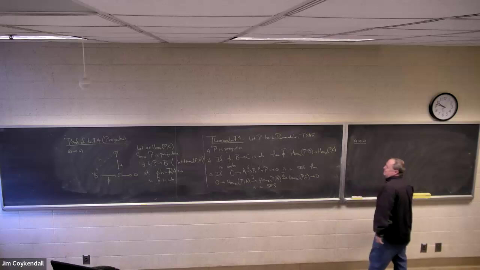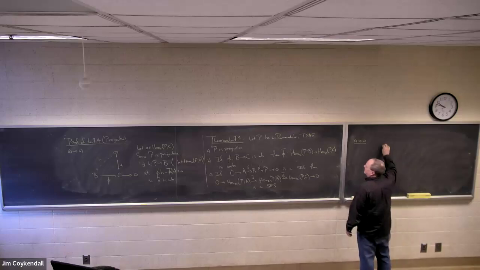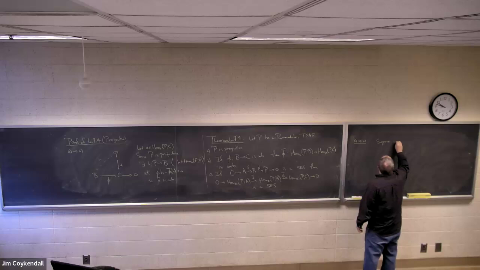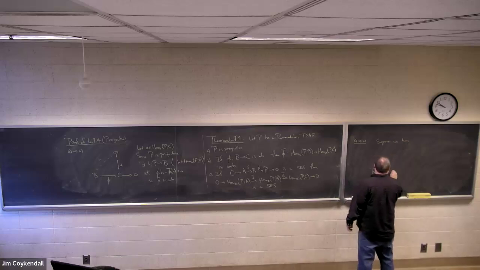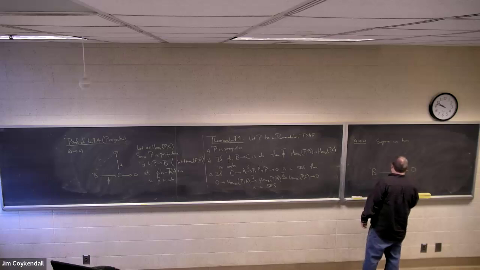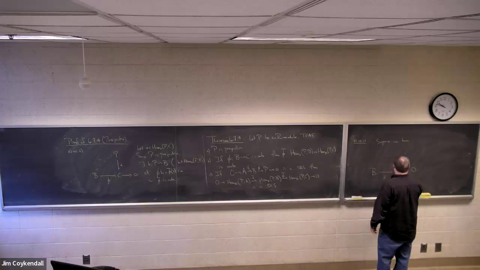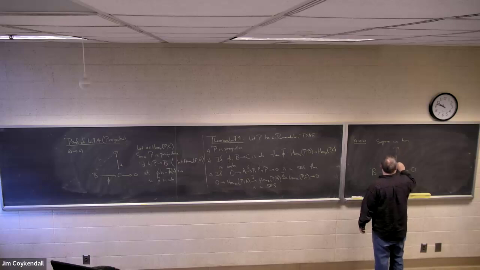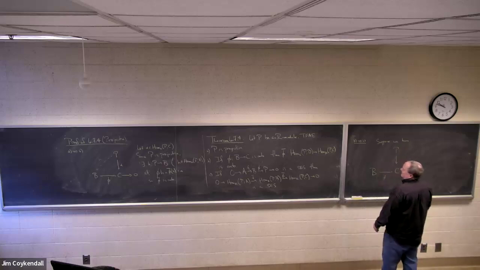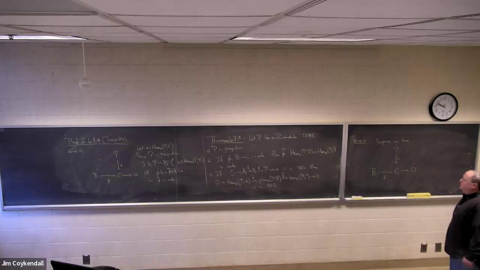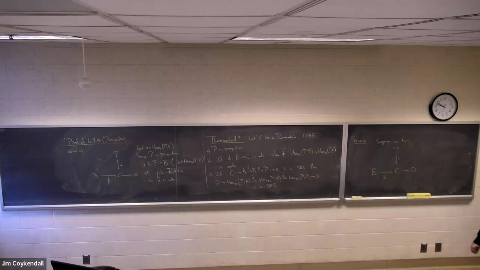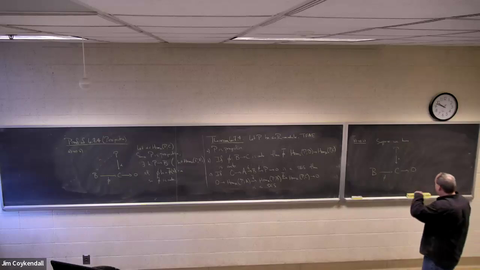So suppose we have the diagram, and I call this alpha. Now, my goal here is to show that P is projective, right? So I have to show that there's a lift here.